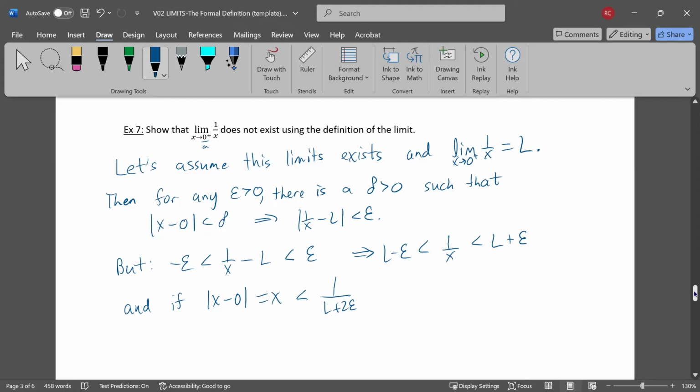But first, I want to explain what I'm doing here. So this is what I'm picking for delta. Okay, I'm picking a number for delta because I know that when x gets really small, that 1 over x gets really big, right? 1 divided by 1/2 is 2. 1 divided by 1/5 is 5, right?